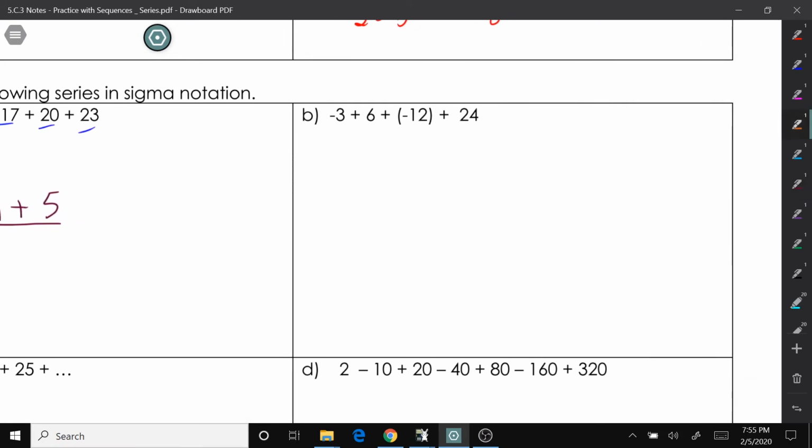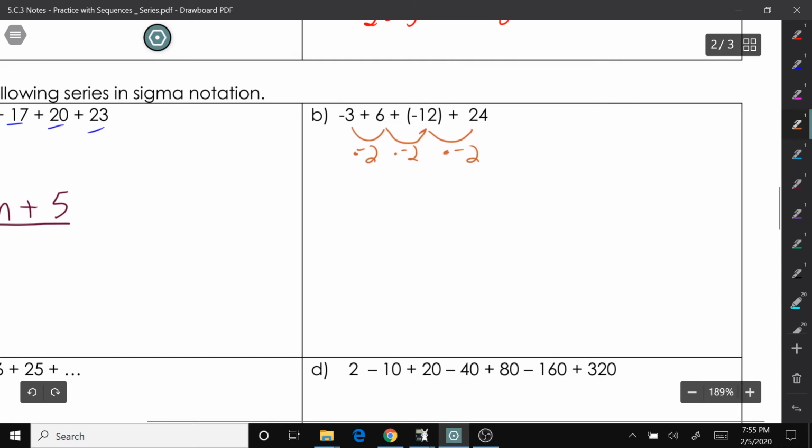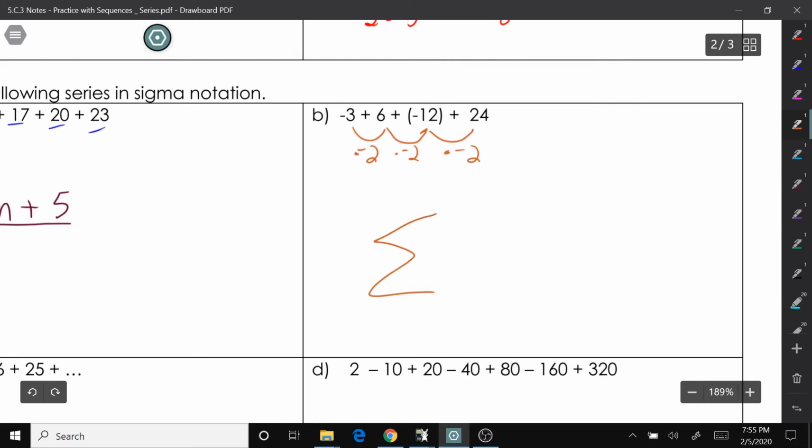All right, so this one, I'm looking to see, okay, we have times 2, but when I look next, I see, oh, times negative 2. So yeah, our rate here is negative 2. So n equals 1, and we have 1, 2, 3, 4 terms.